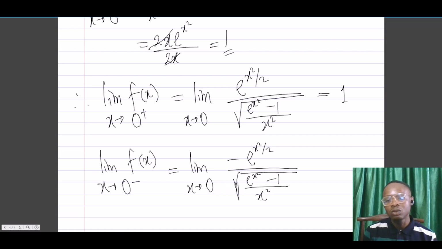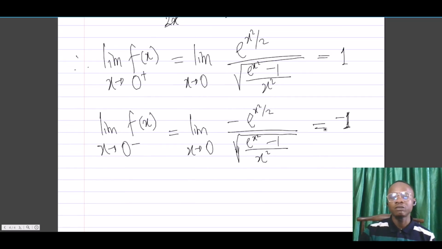So we know that the limit of this expression is 1, so the root of 1 is 1. The limit of this expression is also 1, so this is going to be minus 1 over 1, which is minus 1. So we have our result for the limit from below. The limit from above, as we have now seen, is equal to 1, and the limit from below equals minus 1 for the given function.